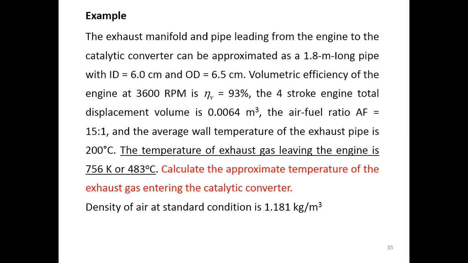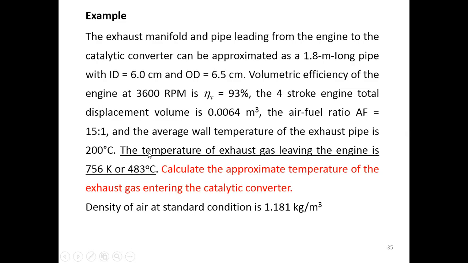The four-stroke engine total displacement volume is 0.0064 cubic meter. The air-fuel ratio is 15:1, and the average wall temperature of the exhaust pipe is about 200 degrees Celsius. The temperature of the exhaust gas leaving the engine is 756 Kelvin or 483 Celsius.